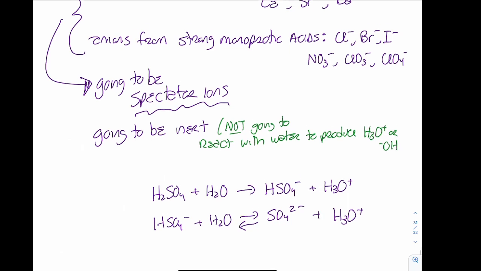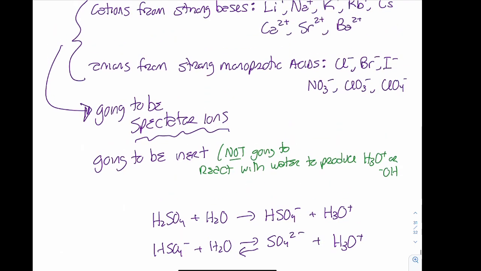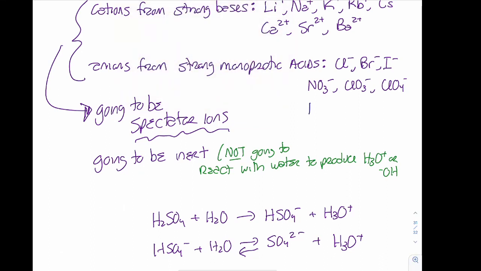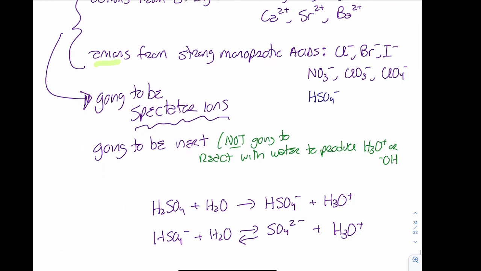So you want to be careful for this. I'm going to add, in a slightly different color here, HSO4- to this. That is the anion from this strong acid, and just the word monoprotic doesn't work when I stick that in the list now. It's not necessarily inert though, which is why I don't like to put it here, because it can actually react with water to produce a hydronium ion.